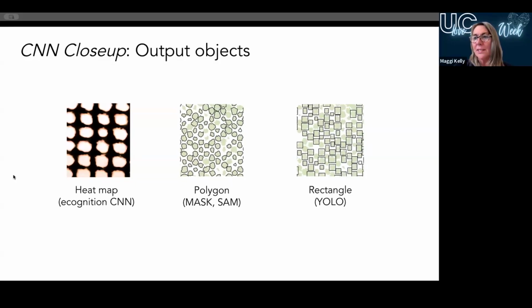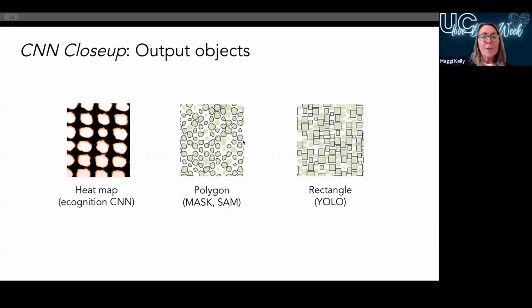All right, so another CNN close-up is the output objects. I said before that different models produce different types of outputs. So early on in the CNN process, you would get this sort of heat map, which was the probability that this pixel was a tree. That was work primarily done in eCognition, which is a great object-based image analysis software suite.